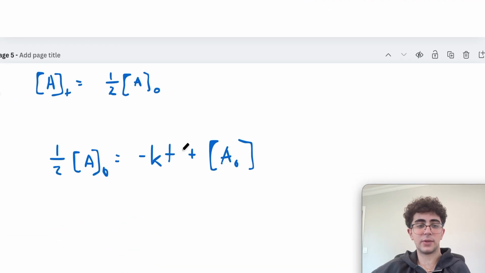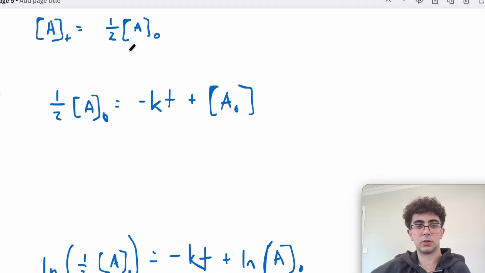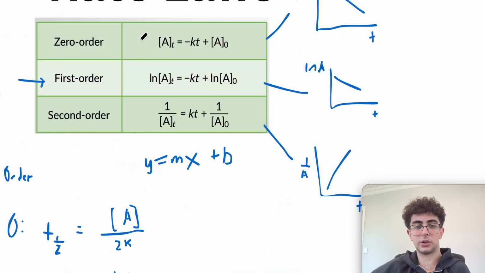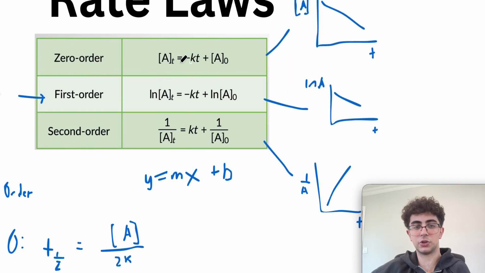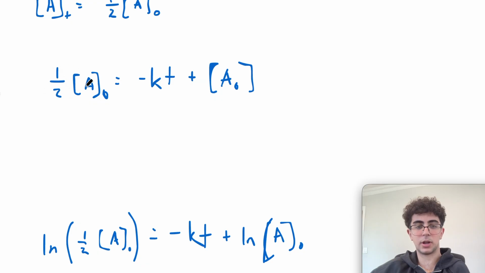But to derive them, all you do is set A of t equal to one half of your initial A in your integrated rate law. These are given on your sheet. If you just set A of t equal to 1/2 A0, we can derive all the half-lives. So for 0th order, we'll set 1/2 A0 on this side. We can subtract A0 on both sides, and we'll end up with negative 1/2 of A0 equals negative kt.